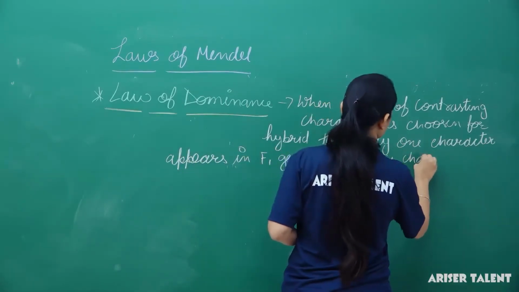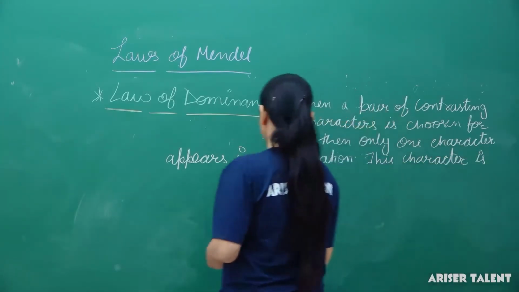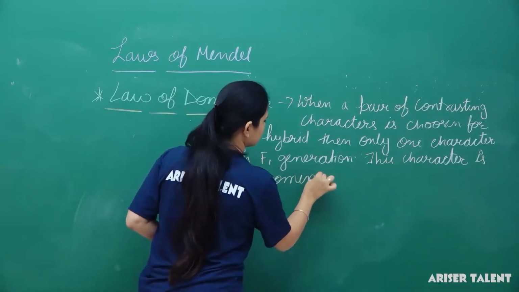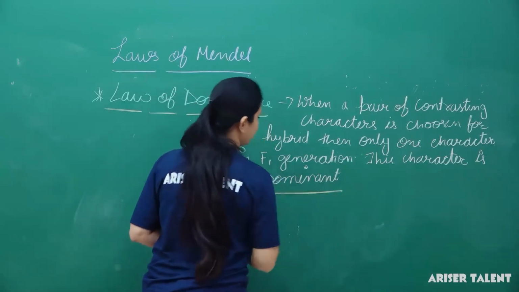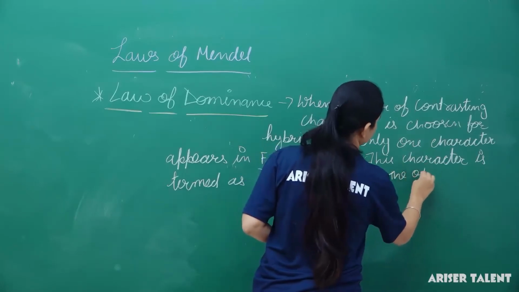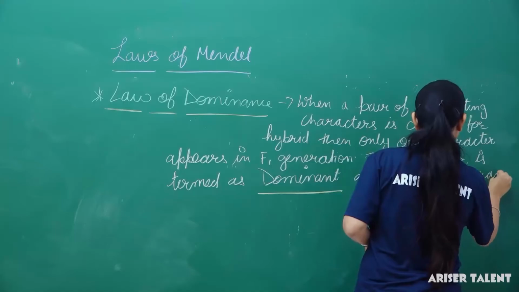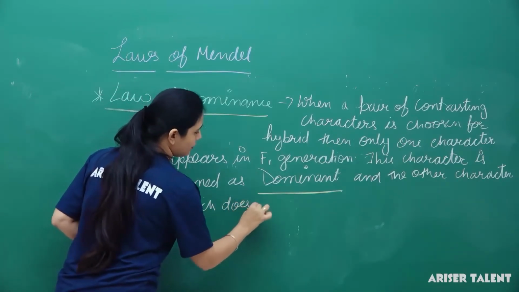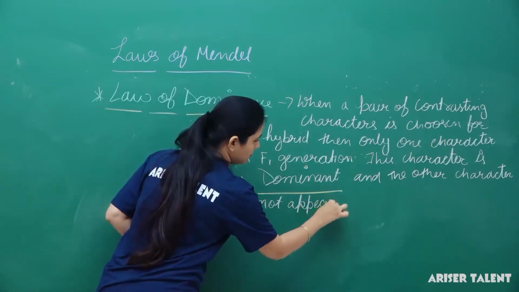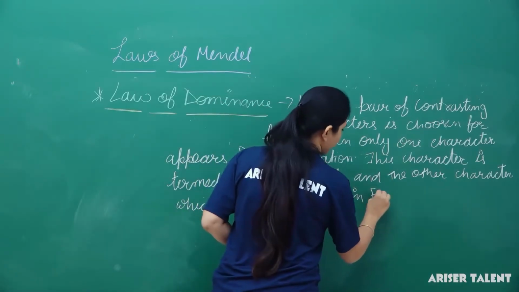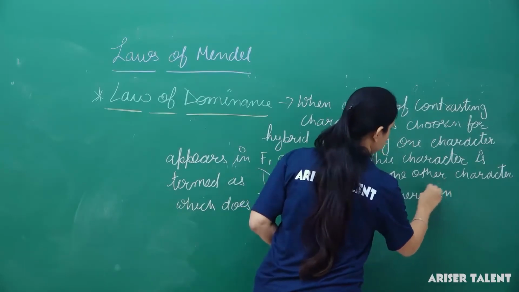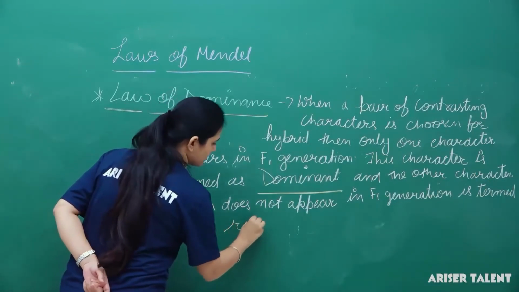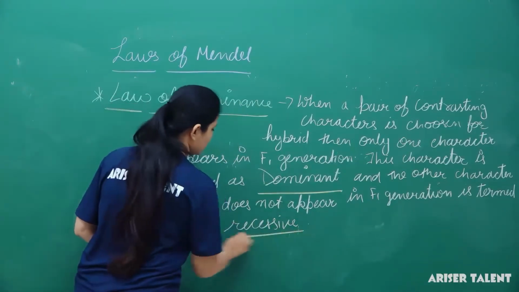This character is termed as dominant character, and the other character which does not appear in F1 generation is termed as recessive. Okay, so this is the law of dominance.